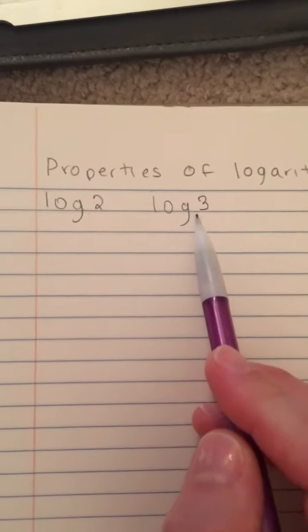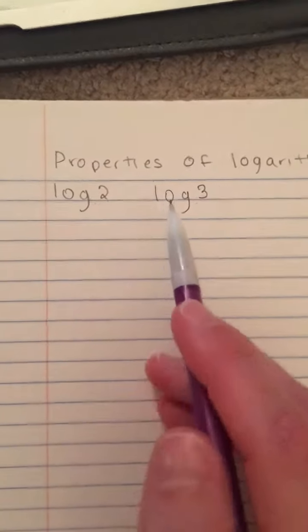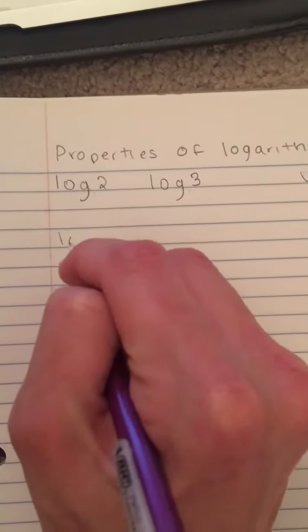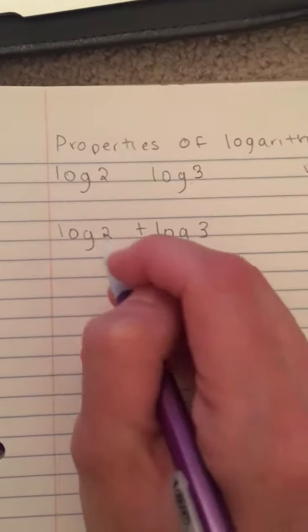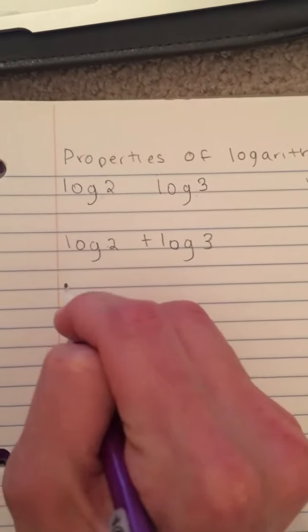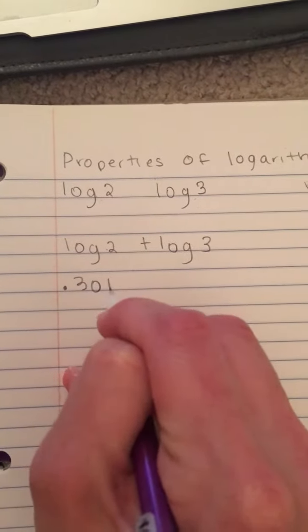Now, what's interesting is that if I add these two logarithms together, so if I add log of 2 plus log of 3, so we know log of 2 is 0.301, and log of 3 we can get over here.